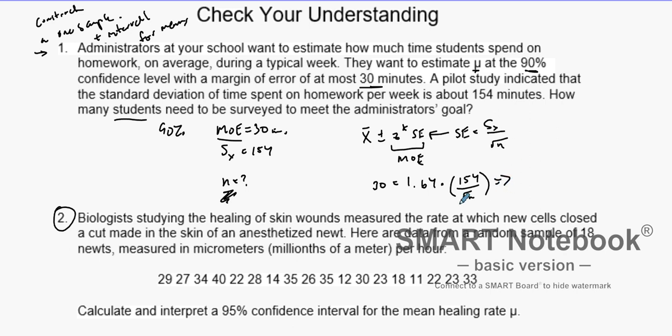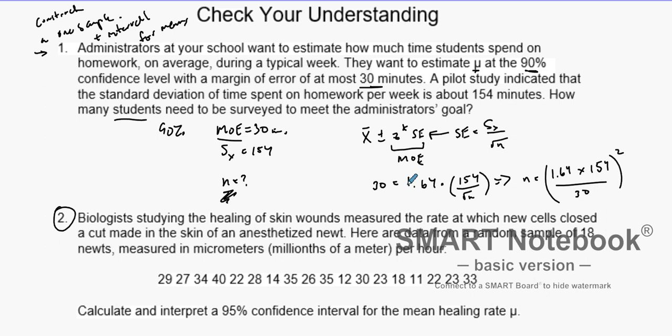From here we can multiply and divide. So n is going to equal 1.64 times 154, divided by 30, and then we square this.